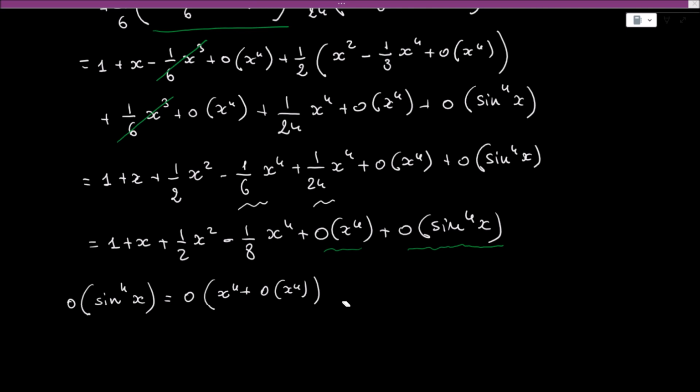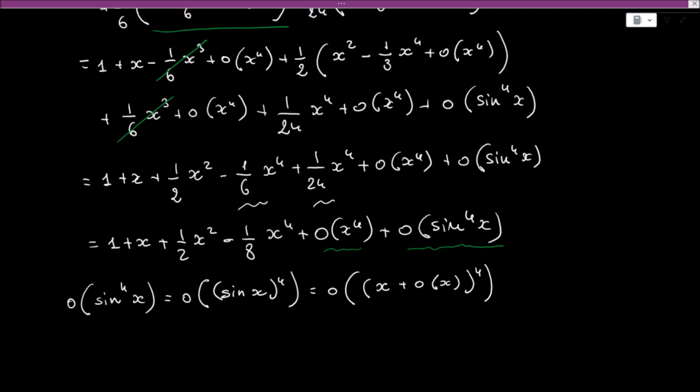Let me explain this a little better, right? So we can write this as little o of what? We have sine of x, all this raised to the fourth. Now, if we expand sine of x, we have little o of x plus little o of x, all this raised to the fourth.